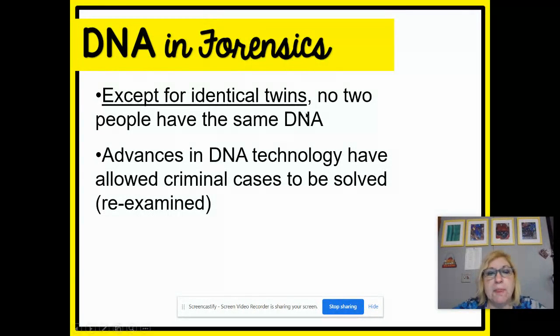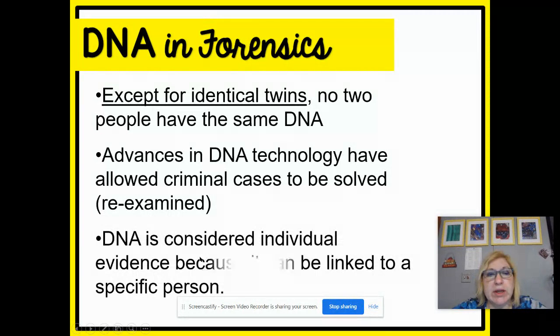That's something to think about. We have been getting better and better at using DNA technology to solve crimes, because DNA is individual evidence, not class evidence. It's direct evidence, because it can be linked to a specific individual person.